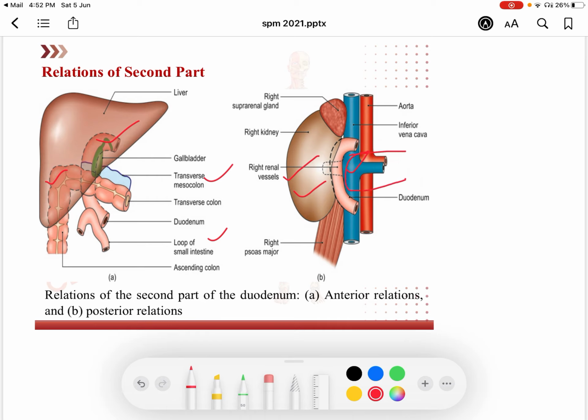So this is the structure, the head of the pancreas lies here. Laterally there is the right colic flexure and the right lobe of the liver.